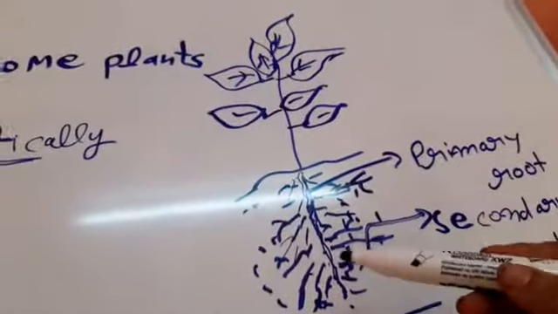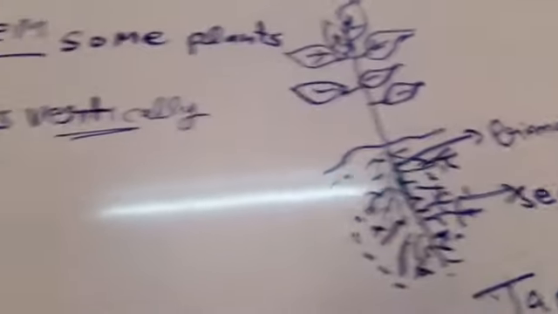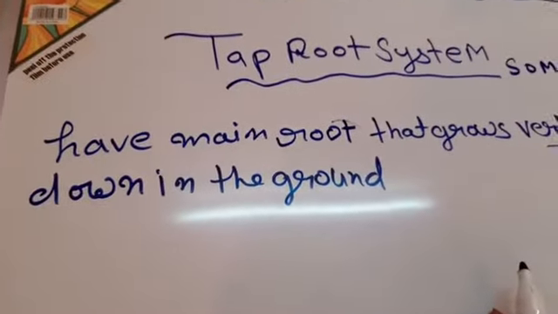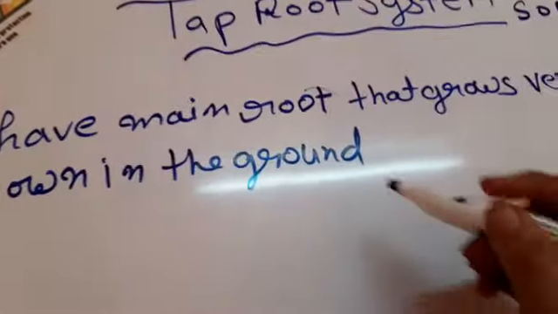Some plants have a main root that grows vertically down in the ground and gives out branches on all the sides.